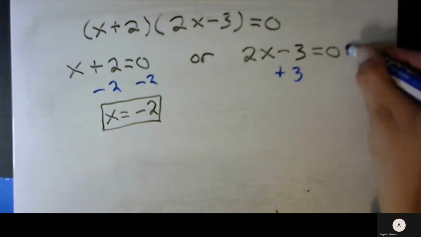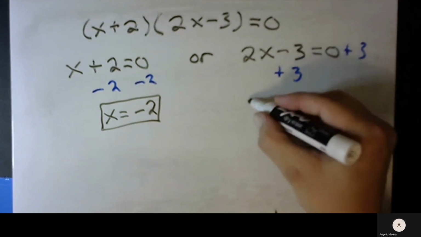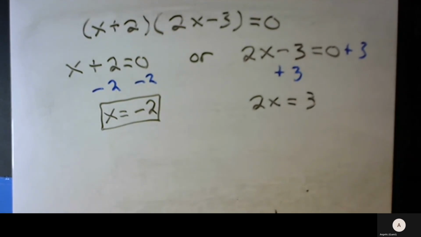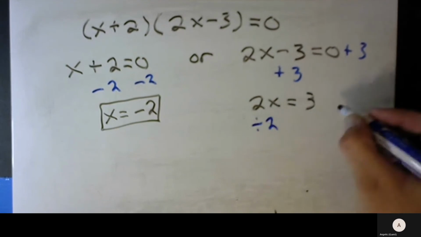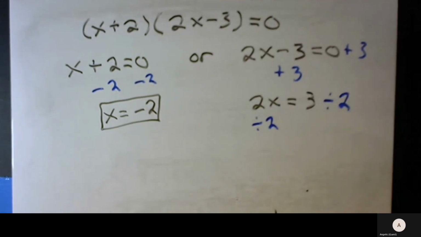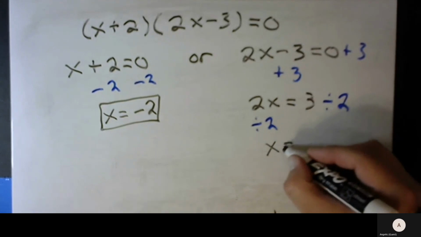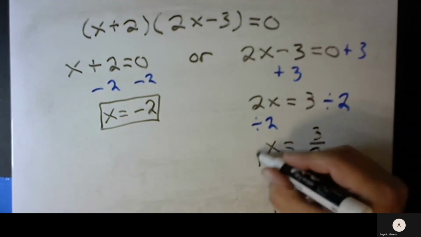Add 3, add 3. 2x equals 3. Divide by 2, divide by 2, and we'll get x is equal to 3/2.